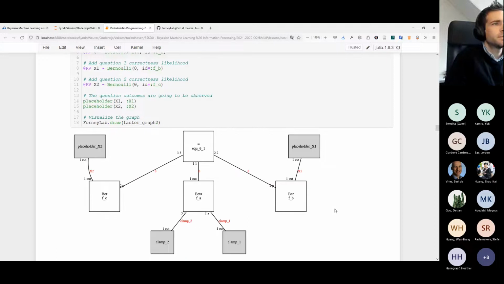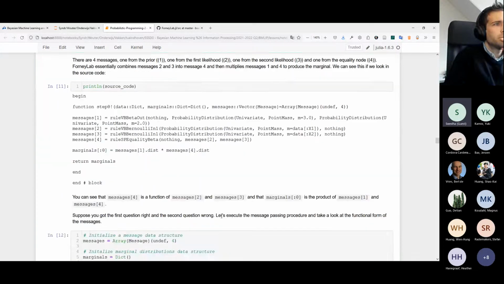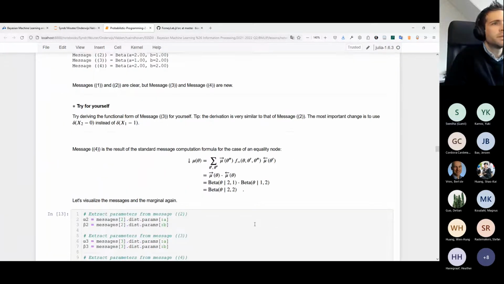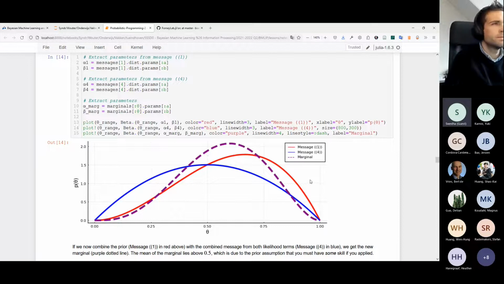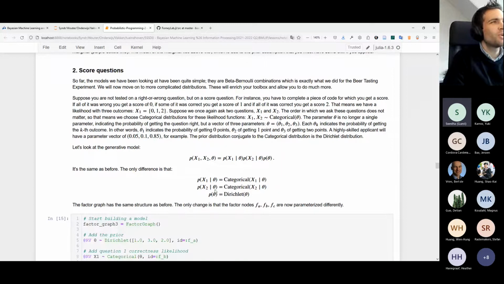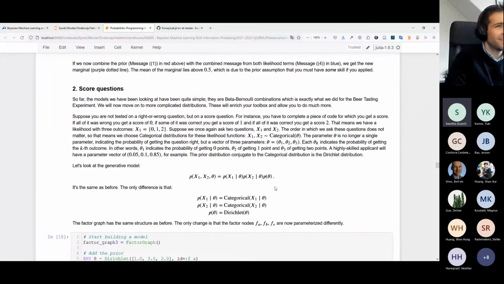The graphs with the PDF distribution for each of the message. The next set of graphs, the score questions. Sorry, my bad. Yeah. Okay.